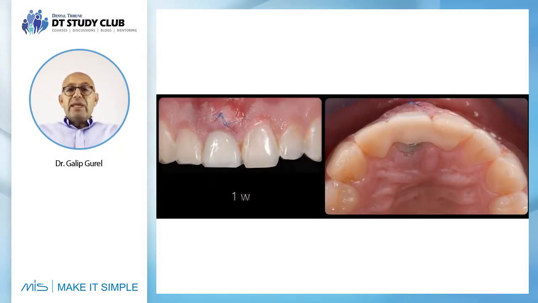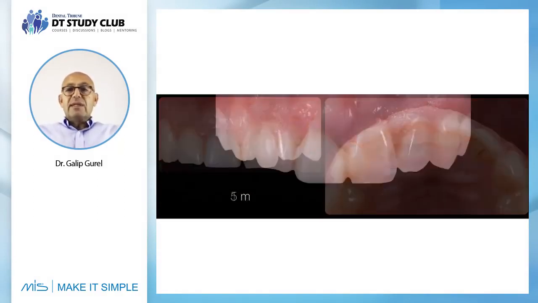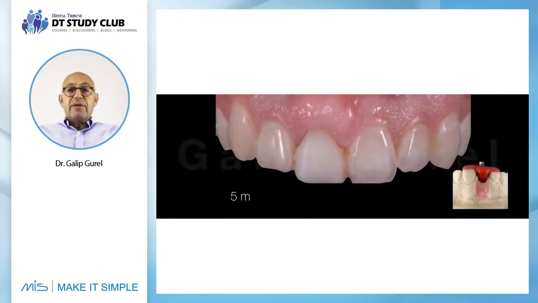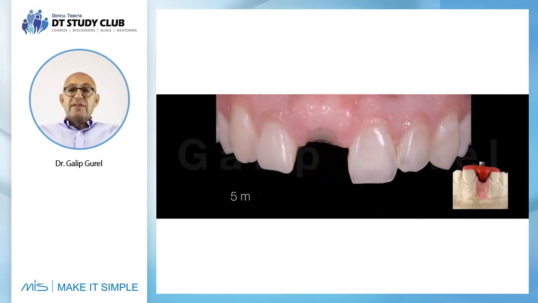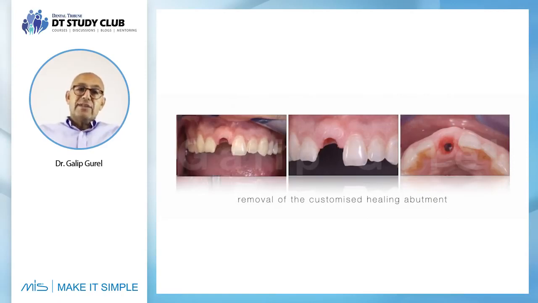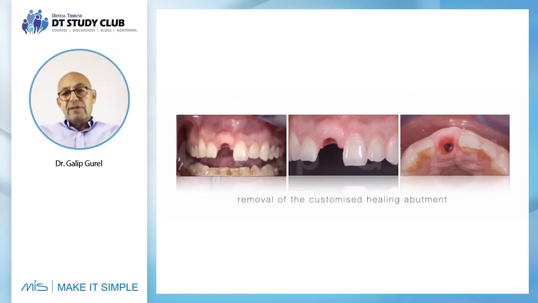So this is 1 week healing, this is like 1 month, this is like 5 months. The tissue is maturing perfectly, just because we transferred the root surface and root shape perfectly into the patient's socket. So 5 months after maturation we will simply be taking this out. And technically, even if we didn't make an impression, because of the transfer with the Duralay, we could have finished our final restoration.